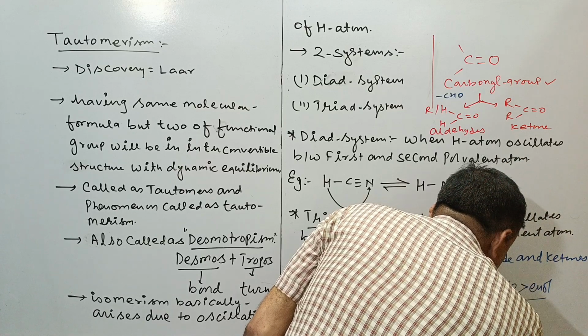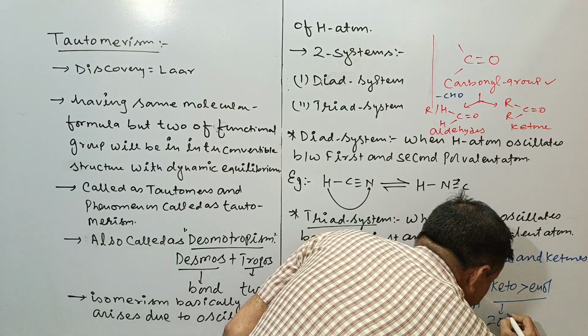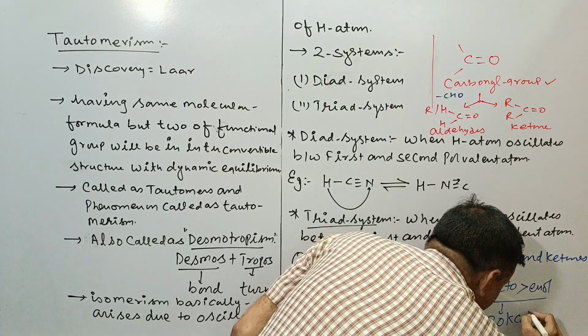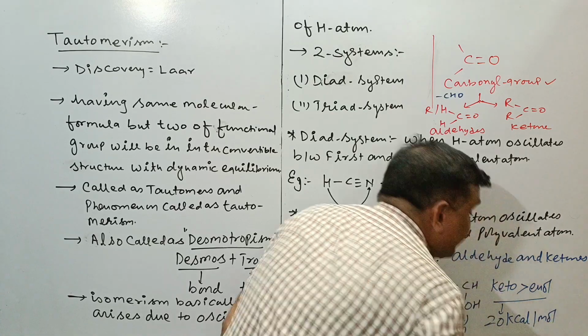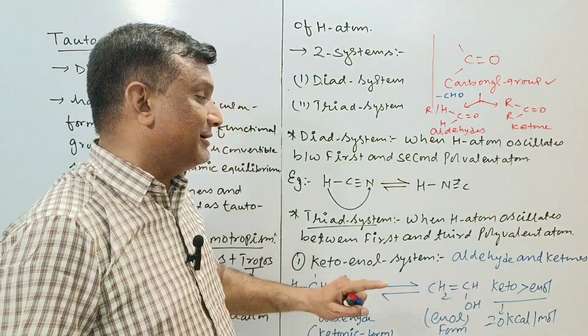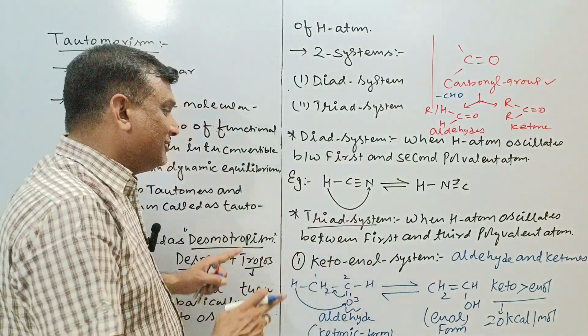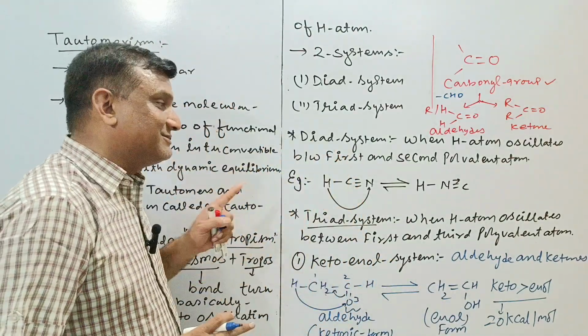The energy difference between the keto and enol forms is approximately 20 kilocalories per mole. So this was about the keto-enol, and this was about the hydrogen cyanide.